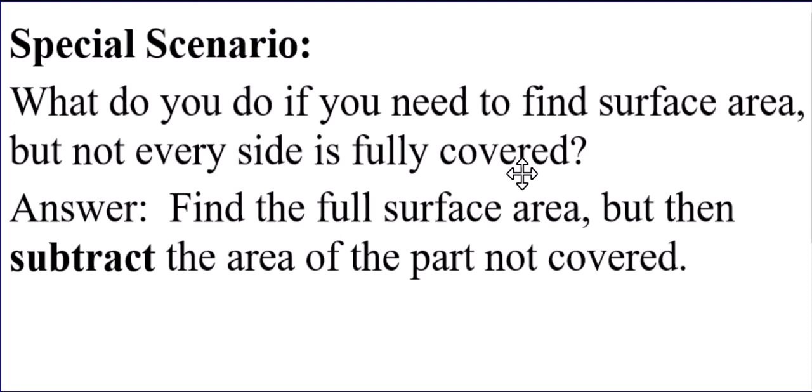So that's kind of an example. So here's what I would recommend doing. Here's my answer. Find the full surface area first using the formulas that I've been showing you. But then, the area of the part that's not being covered, find that area and subtract it away from the full surface area. That's probably the easiest way of doing this special scenario.